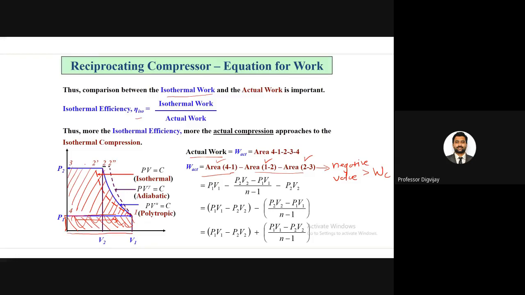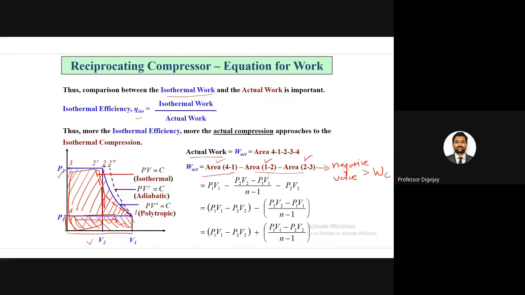Again 2 to 3, as you can see here, is a rectangle. So its area will be height into base, or length into breadth. Here the length is V2. If you take only this 2 to 3 rectangle, in this case one side is P2 and another side is V2. So P2 into V2 will be the area of the rectangle 2 to 3.